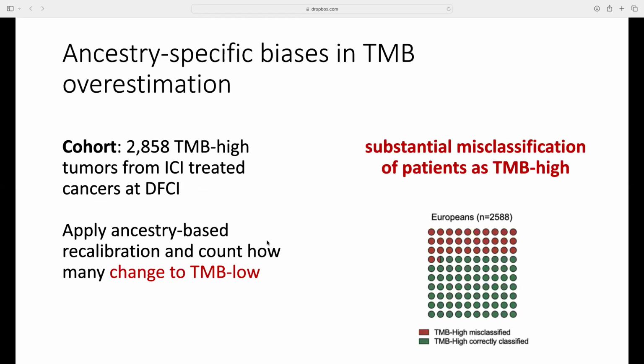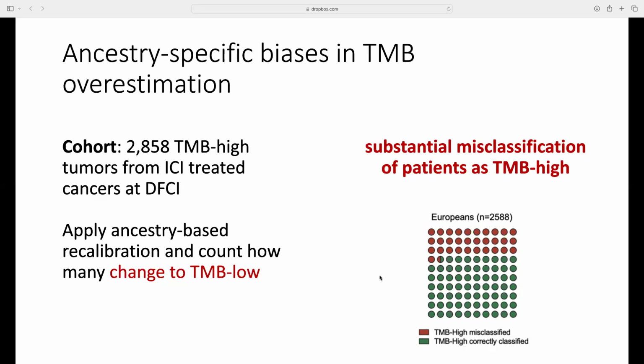And when we do that in the individuals with European ancestry, we see that about a third of them are actually being miscalled as TMB high as a function of these germline false positives, which are present in every individual, just as a function of the reference panel.